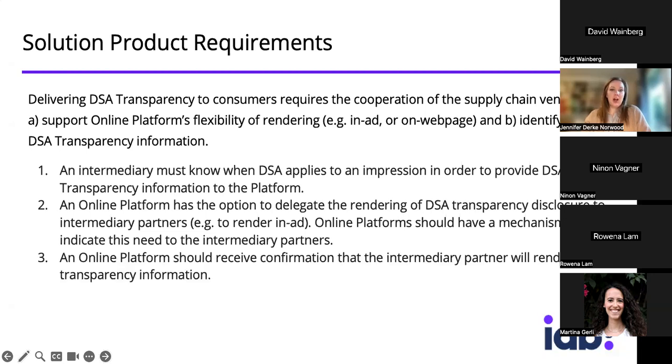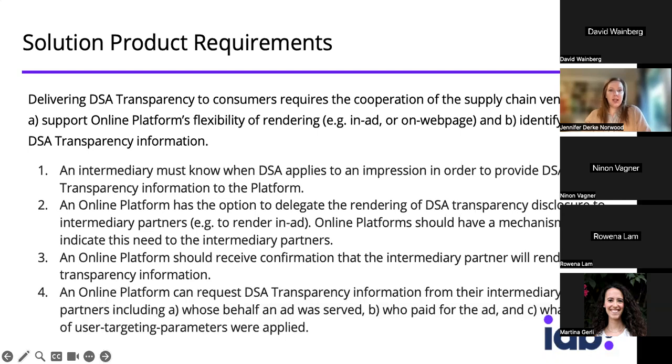Third, an online platform should receive confirmation that the intermediary partner will render that DSA transparency information. And finally, an online platform can request that DSA transparency information from their intermediary partners, including on whose behalf the ad was served, who paid for the ad, and what types of user targeting parameters were applied, which is the substance of the DSA transparency information requirements. And so this flow of how we want to see orchestration and communication through the supply chain really informs the super detailed level that Rowena will get into.